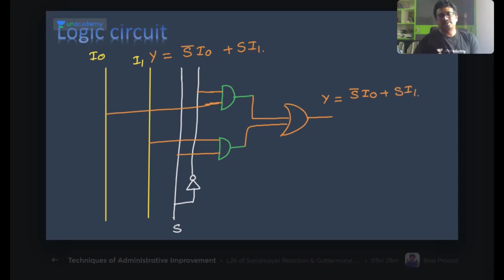The internal structure could be like this. This is the logic circuit of a 2x1 multiplexer.